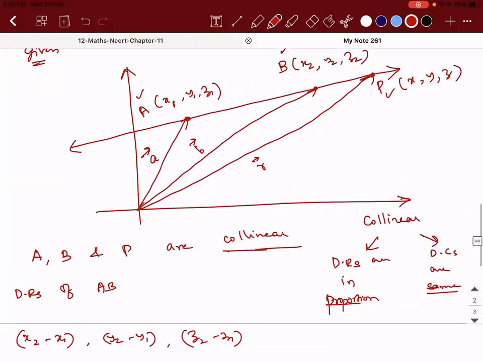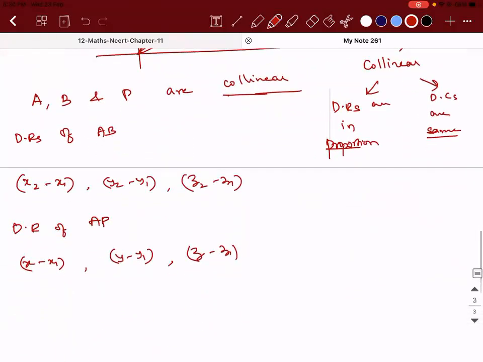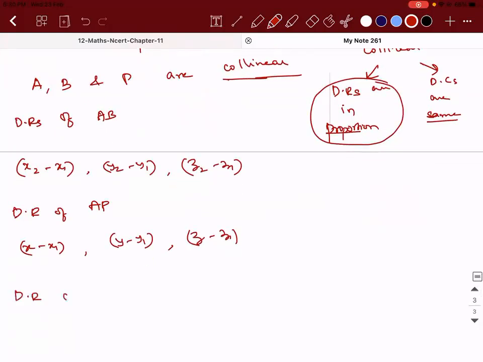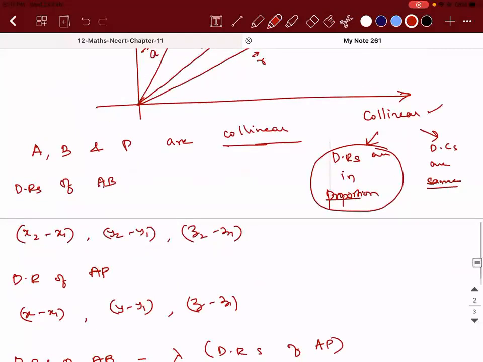No, sir. Right. Now I told you direction ratios are in proportion. So direction ratio of AP is equal to lambda times direction ratios of AB. Accepted. I didn't use anything, I used the property of collinearity. That's it.